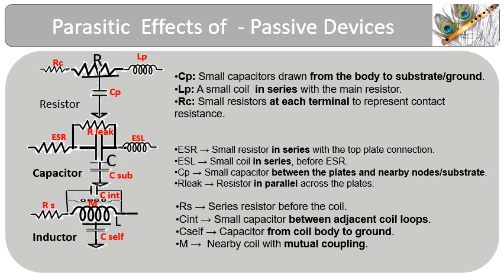For an inductor, the parasitics include Rs, a small resistance in series with the coil, representing conductor losses. Cint, a small capacitance between adjacent loops of the coil. C-self, a capacitance from the coil body to ground. M, the mutual coupling from nearby inductors, that causes signal interference. These parasitics cannot be eliminated completely, but can be minimized to achieve optimum performance.